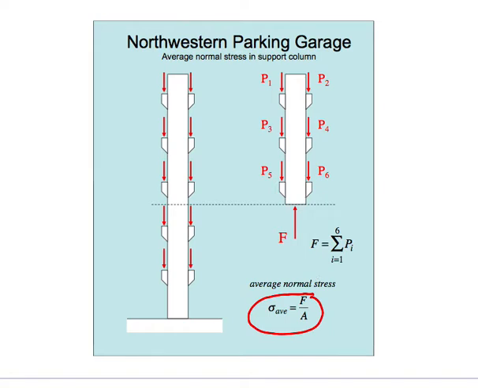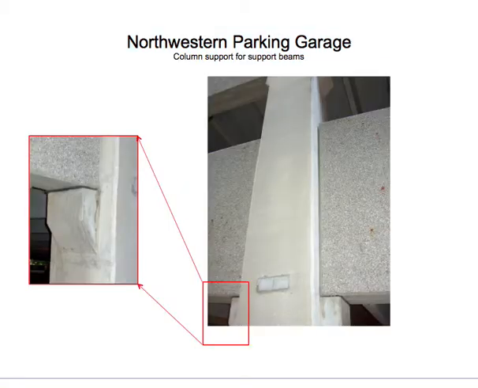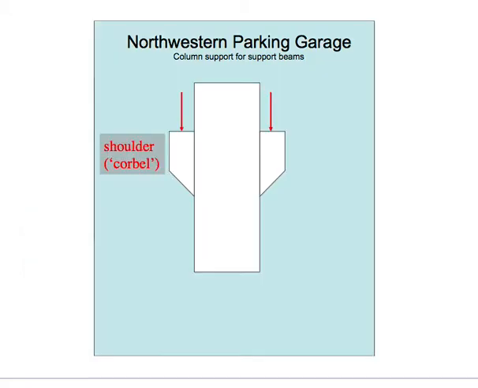Well, there are also other stresses that are developed in the columns. If we look at the corbels, the shoulders that actually provide the support for the horizontal beams, the reaction force goes on the shoulder like this.